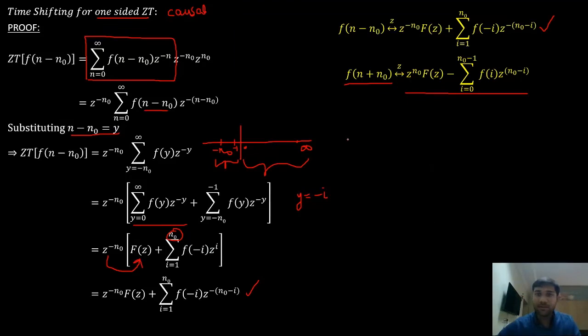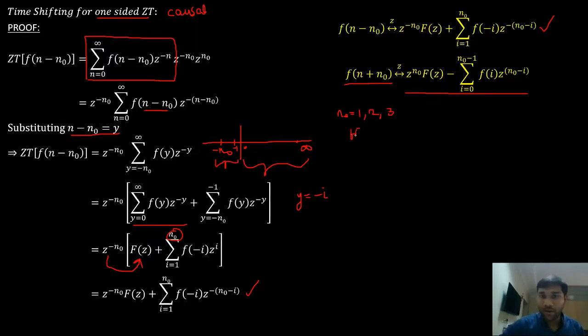Now let us substitute some values for n naught. We'll substitute n naught equal to 1, 2 and 3, and we'll look at the z transform of f of n minus n naught and f of n plus n naught.